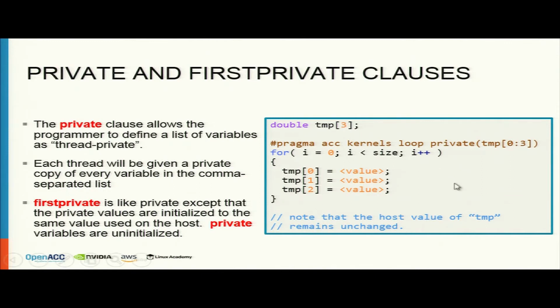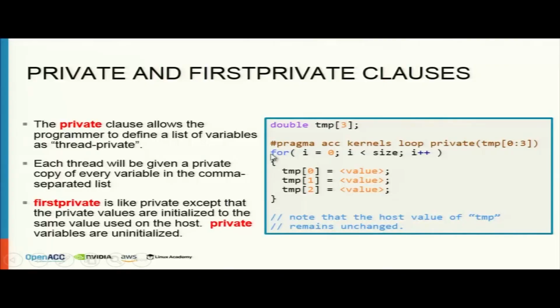Okay, so what is the value for I equal to 0? What will the value of A of I be? It will be 0 plus 1 plus 2, 3, right? For I equal to 1, what will it be? 1 plus 2 plus 3, right? So whatever the value, everybody is going to have a different answer, right? So everybody should have its own copy of the temp variable.